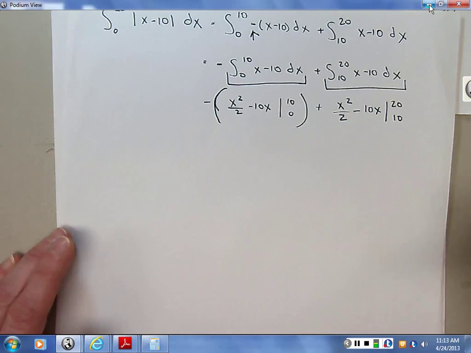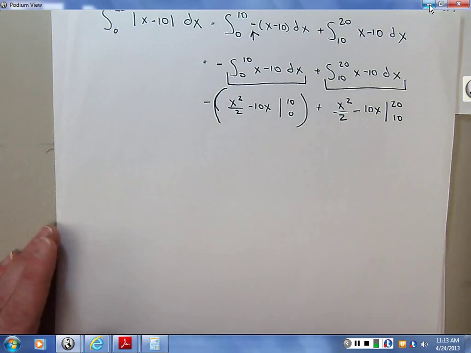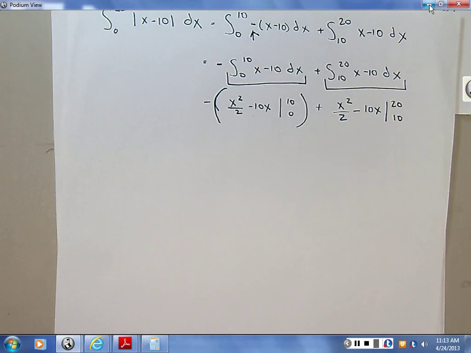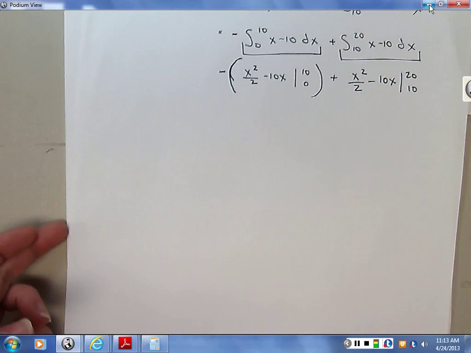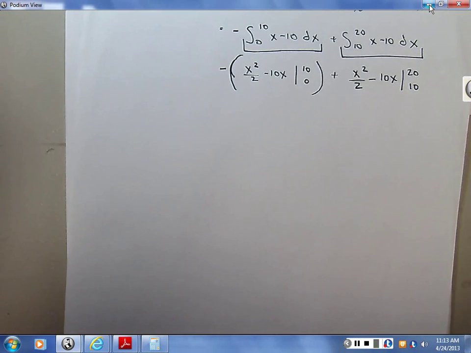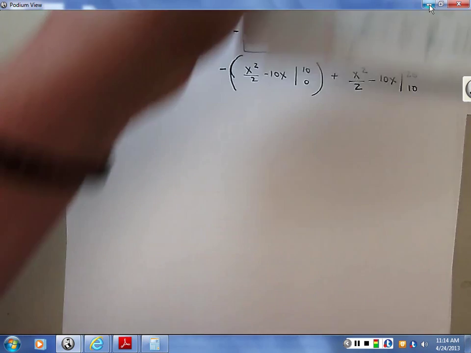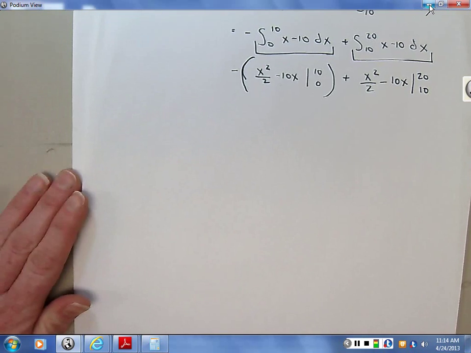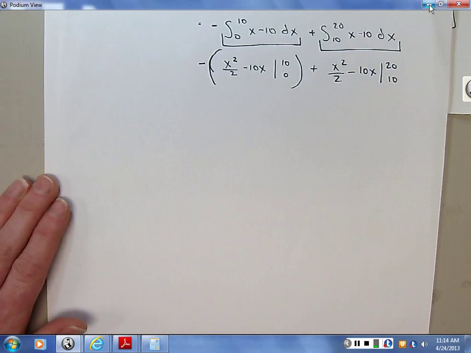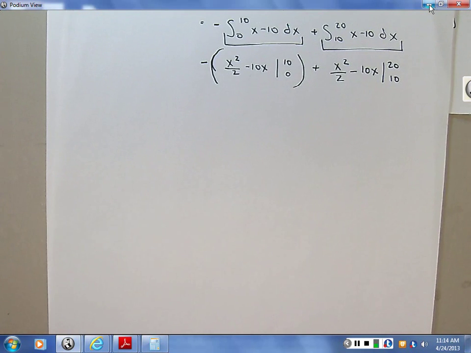Okay, so I think that is enough of 5.7. 5.8 is pretty short. So we're going to talk about 5.8. My notes are all out of order here. Okay. So 5.8 is getting to this idea of the average value of the function and talking about the average value or like the average velocity.